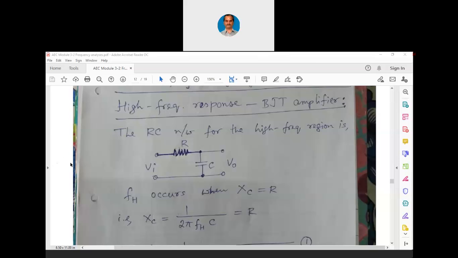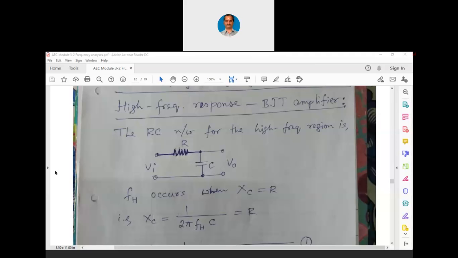Fine. Let us discuss the high frequency response. Let us consider the BJT amplifier first. Now you can recall in our low frequency response, we discussed a CR network, capacitance first, then resistance next, because we have been seeing it from the input side or even the output side where there was an input resistance and there was a capacitance.